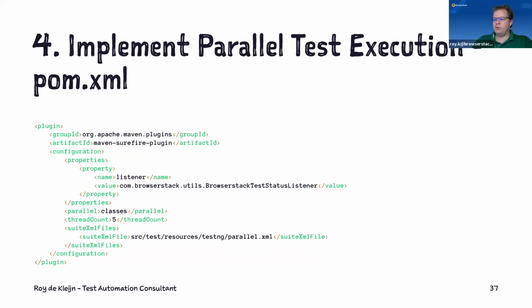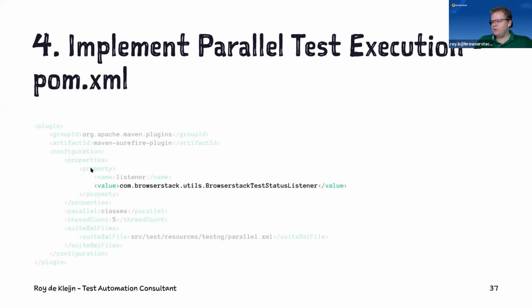And the second thing you need to do is update, if you write your code in Java, your pom.xml, and then you can define that the test needs to run with a specific listener. And this is the BrowserStack test status listener. And that will update the test status in the BrowserStack dashboard. And you also need to define in which way you like to run the tests in parallel.